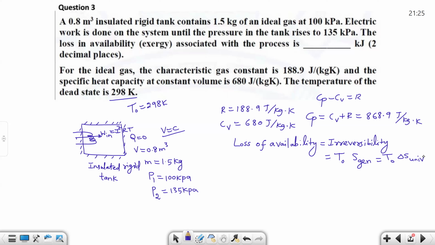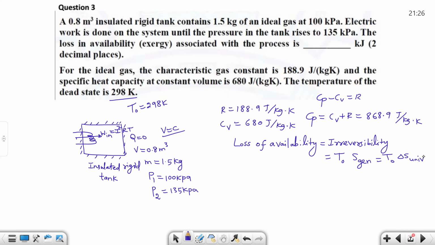Now, if you take this insulated tank, there only work is going into the system. So the work doesn't transfer entropy. That means entropy transfer in this system is zero.